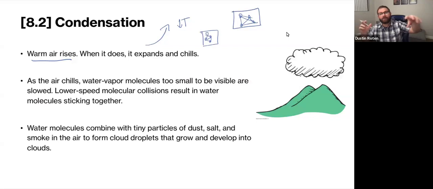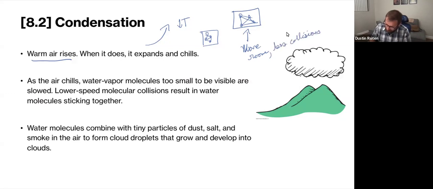It's going to expand, which means there's going to be fewer collisions, right? All these particles have more room. And more room means fewer collisions, which means a lower temperature. So that's why as air rises, it will chill.